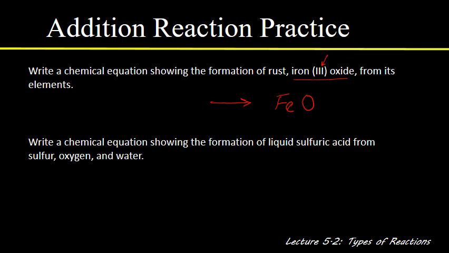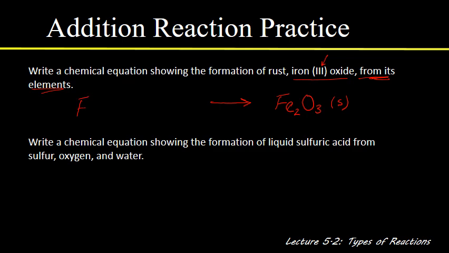This goes back to the work we did on nomenclature of ionic compounds. So in order to balance this, we're going to need 2 irons and 3 oxygens. And we know that rust is a solid because we've seen it.